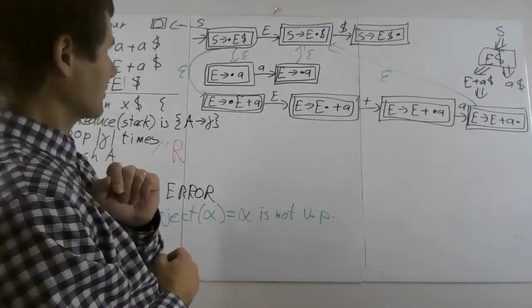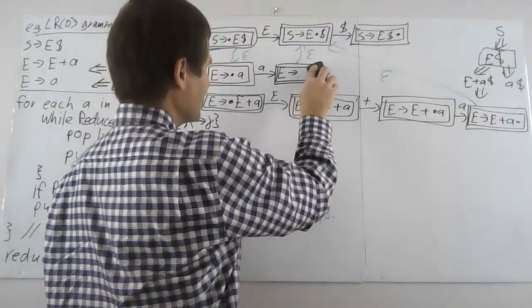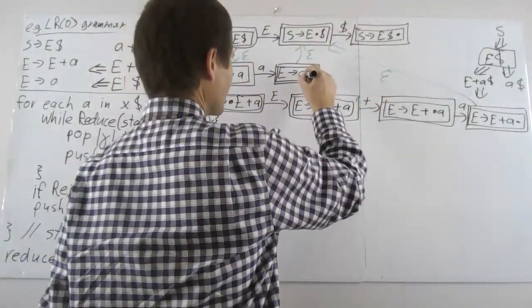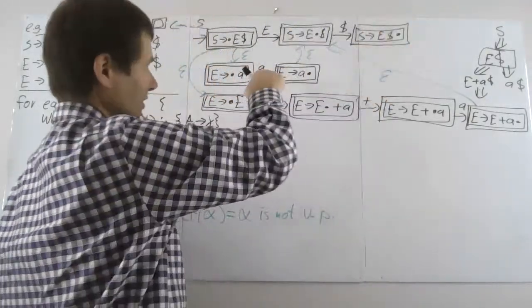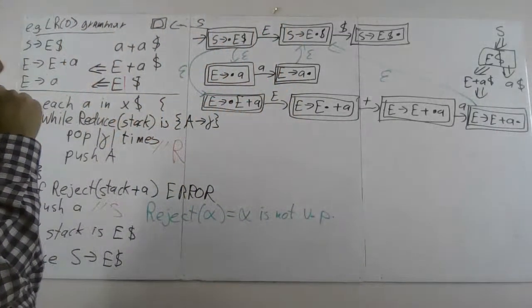Do I have a bug here? Yes, thank you for the typo. This should be E goes to A dot. So the dot jumps over the A when you transition on an A.